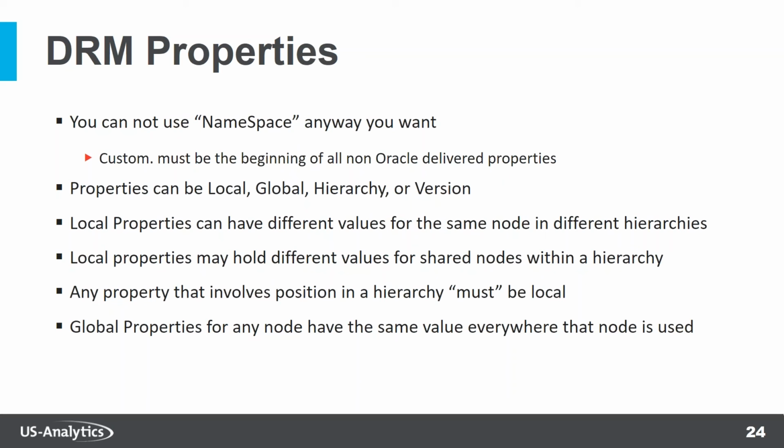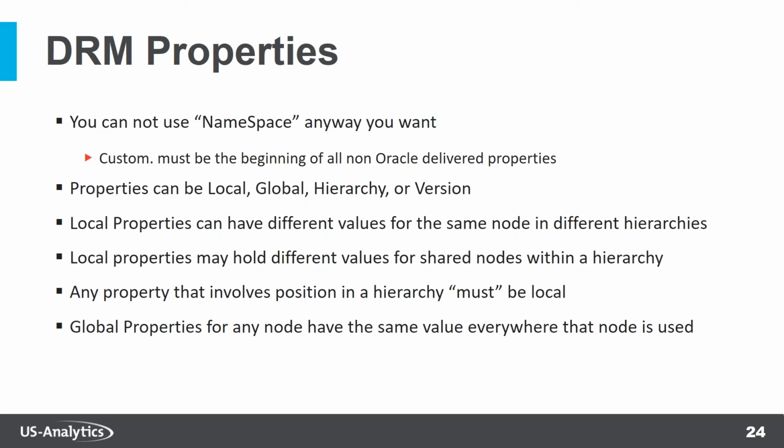So please make sure, if you've got any consultants or any technical people that are creating custom properties for you now, just make sure. It'll always default when you do it in the DRM interface. It'll come up custom dot, and you can put whatever name you want there. But everyone's figured out a way that they can put their own dot notation in, and the bottom line is it's not best practice, and if it doesn't say custom in there, Oracle might not respect you. And that means it might not bring it over, might delete it, not treat it properly, whatever the case may be. Okay, end of that soapbox.